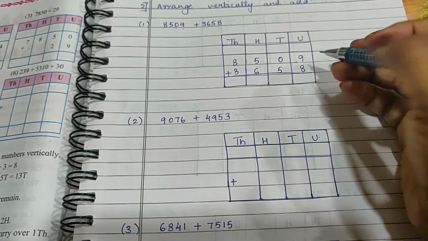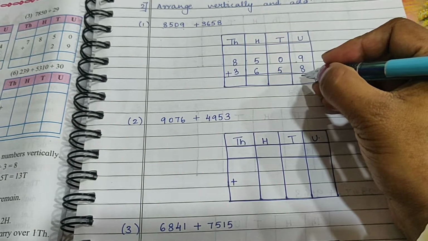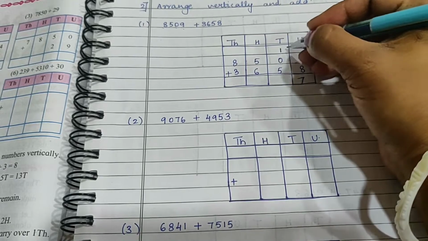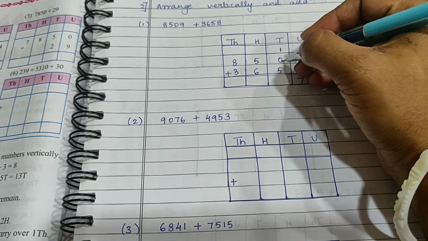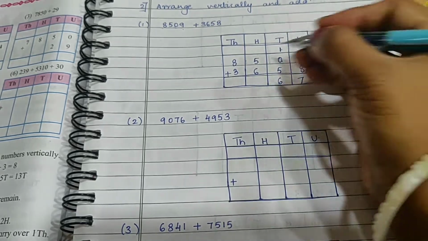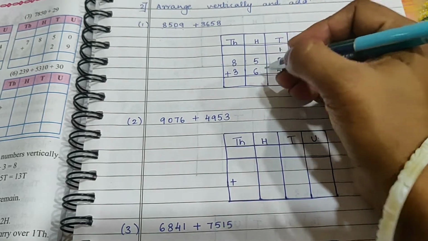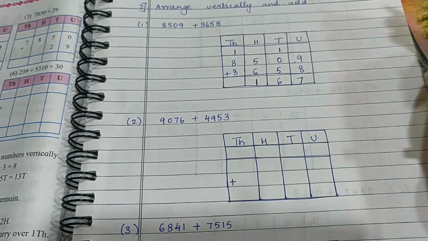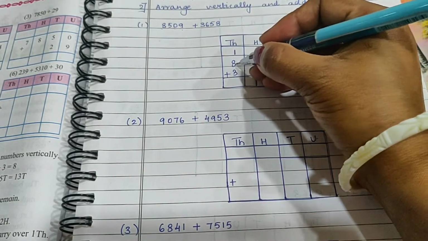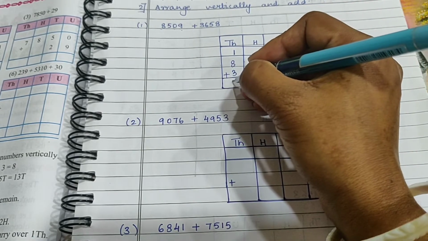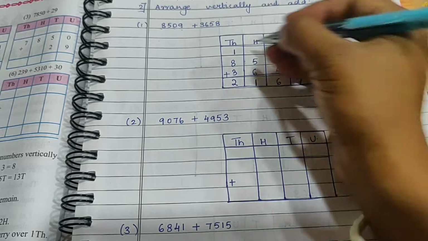9 plus 8 is, children, 9 plus 8 is 17. So 1 will come here. 1 plus 0 is 1. 1 plus 5 is 6. Then 5 plus 6 is 11. So 1 you will carry here. 1 plus 8 is 9 and 9 plus 3 is 12. So what happens, children?